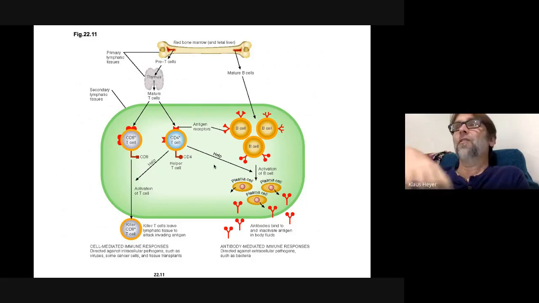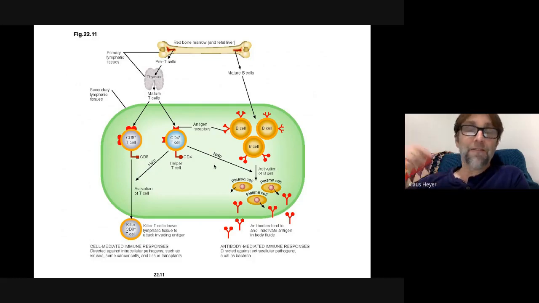the memory B cells and the memory T cells are like veterans, right? They remember the war and they remember what the enemy looks like. So it's not that you don't get infected again. Like if you get the flu and then you pass it to a family member and then that family member passes it back to you, you're not going to get sick. It's not because you don't get infected. That virus did go into your body again, and it tried to get things going again.